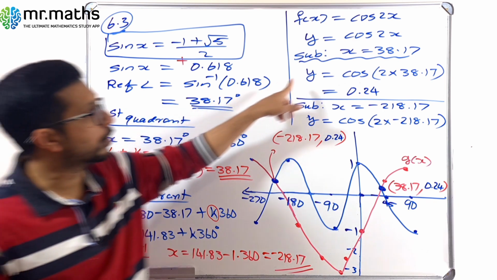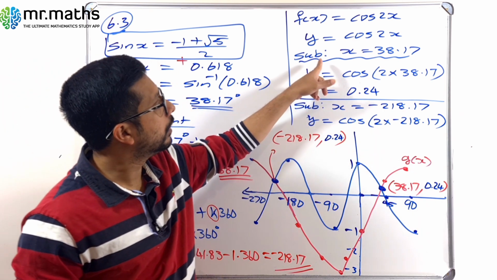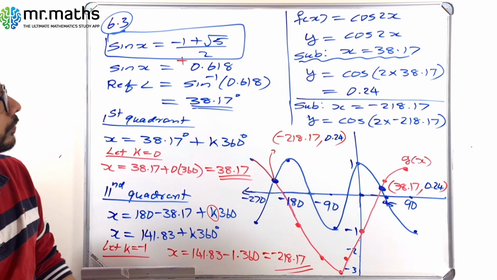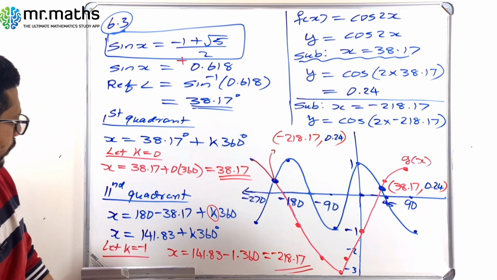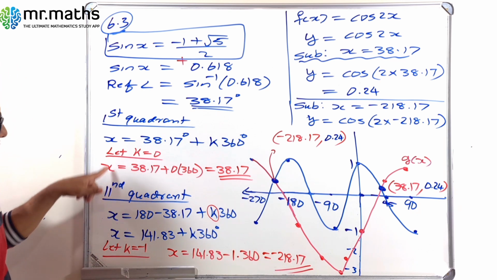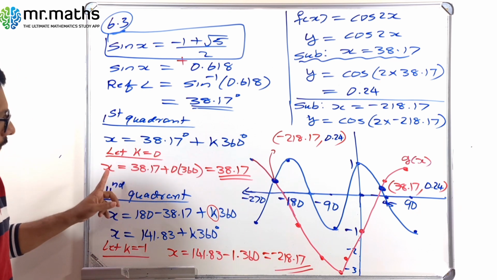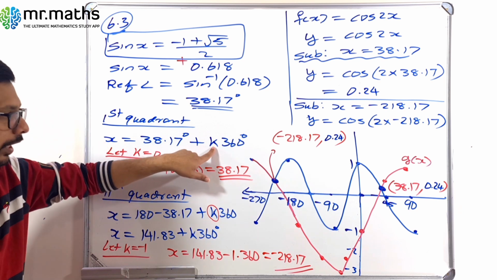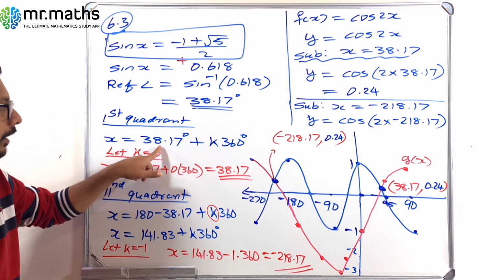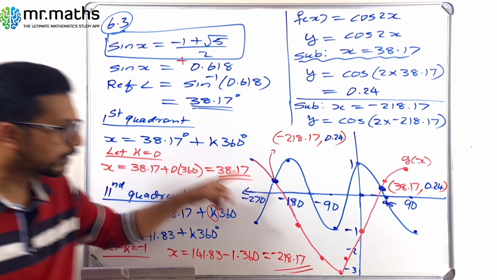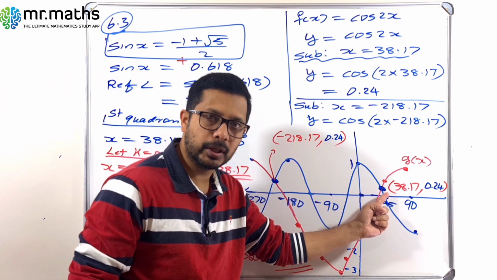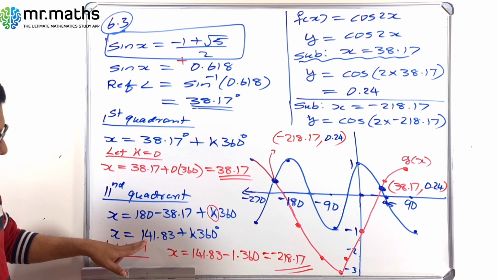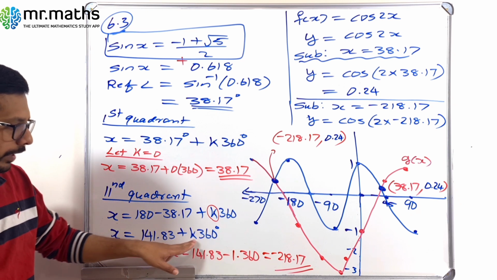That is why I let k equal 0 here. So if I substitute k equal to 0, I get 38.17, that is next to this 45. Am I right? Then I will check my next solution, 141.83 plus k times 360.